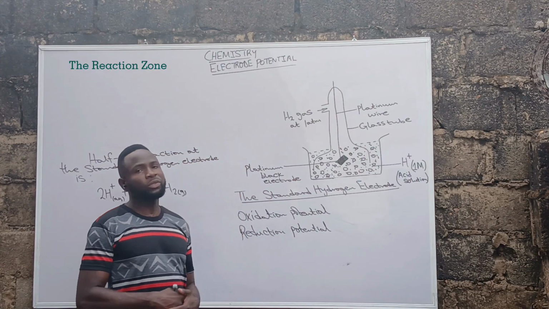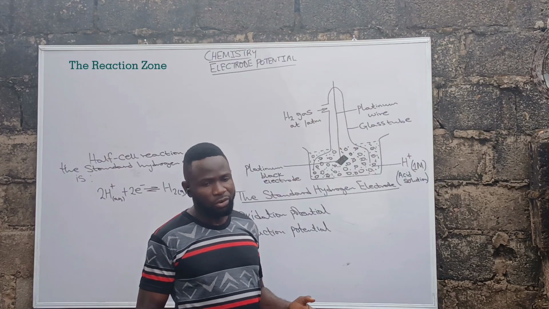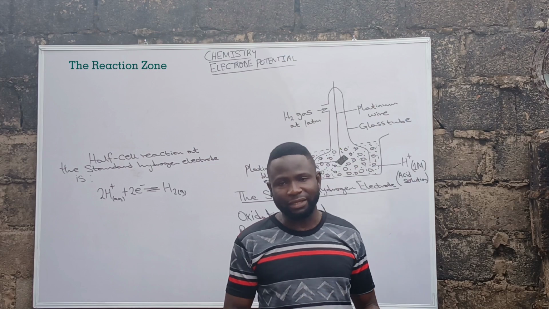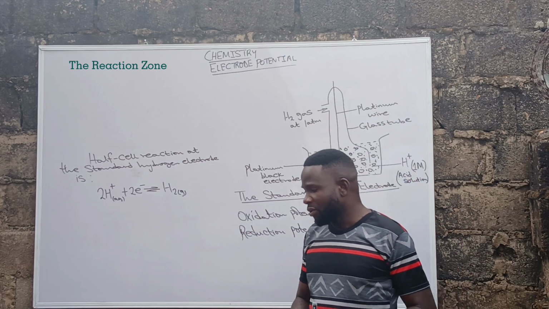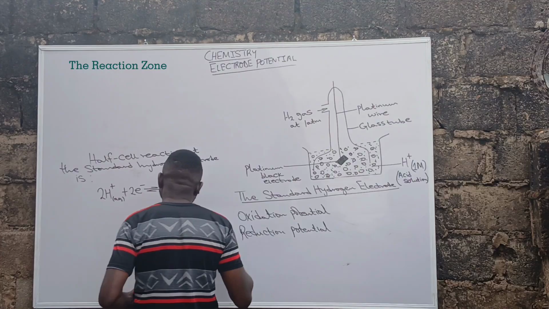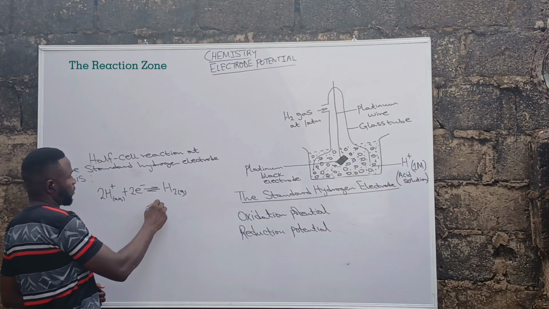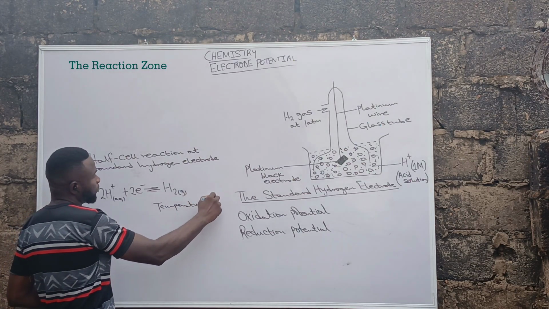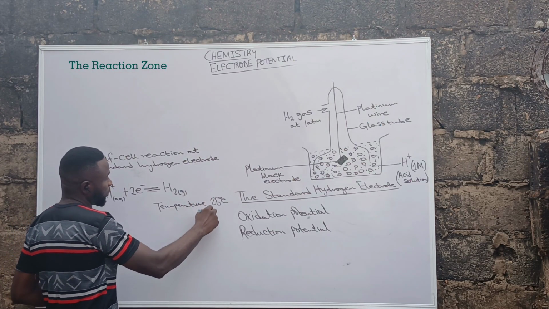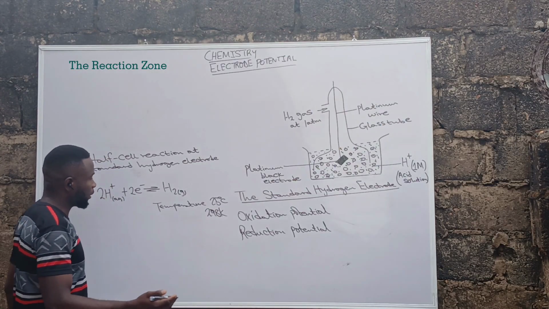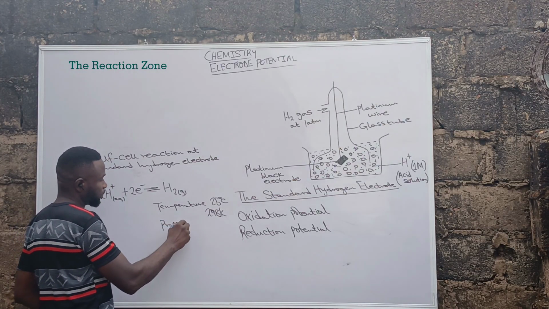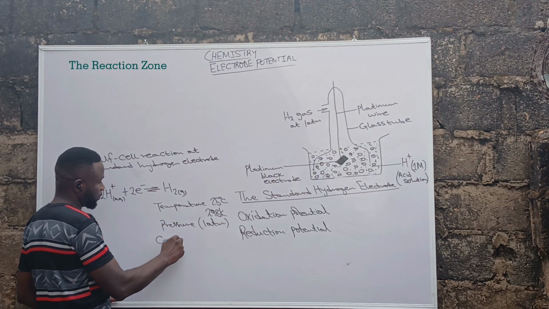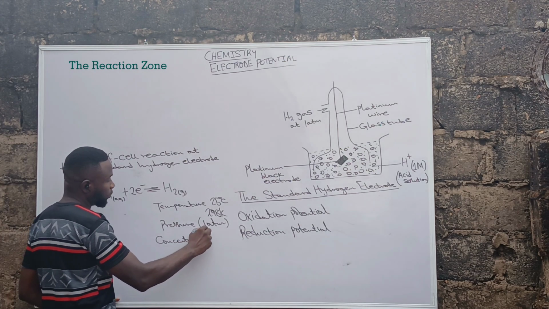Now, electrode potential can be expressed under standard conditions. In other words, you could have what is called standard electrode potential. Standard electrode potential is measured at a temperature of 25 degrees Celsius, which is the same thing as 298 Kelvin, a pressure of 1 atmosphere, as well as a concentration of 1 mole per dm³.